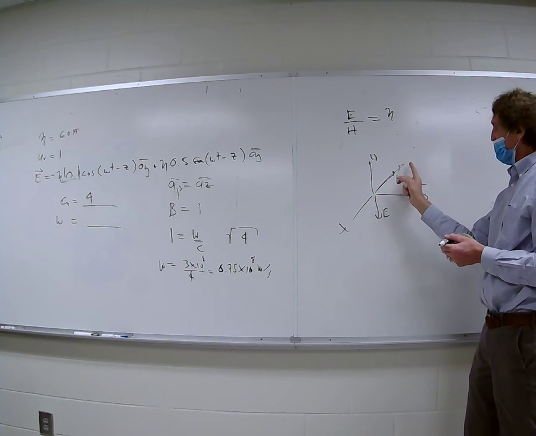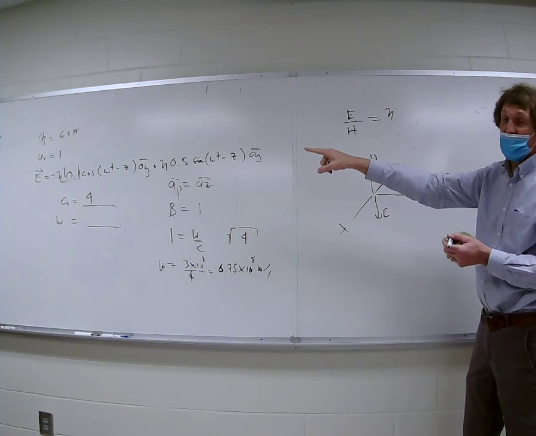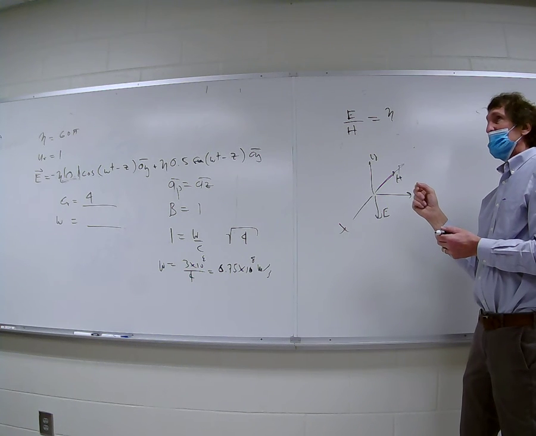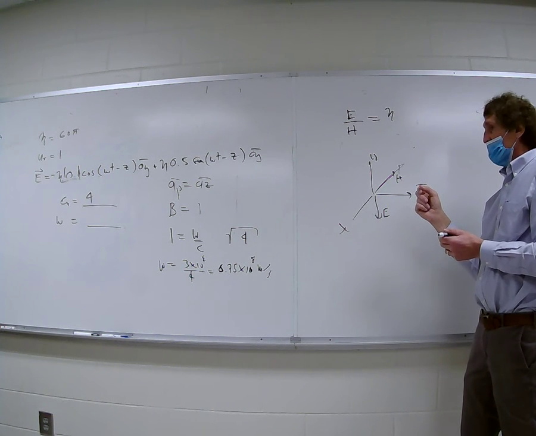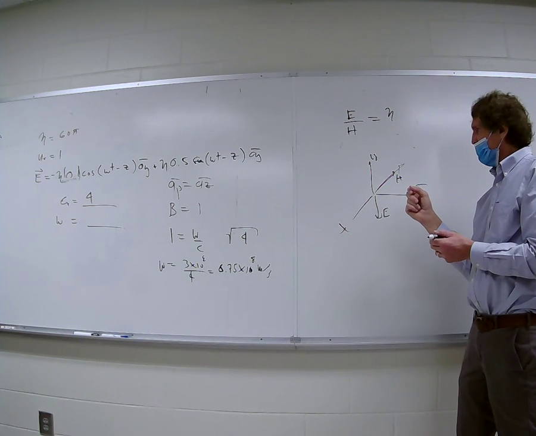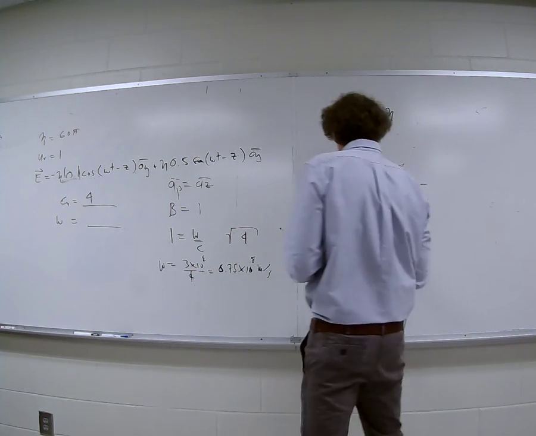The H field was that minus or plus? It's plus, I'm sorry. H field's plus. So if the H field's plus, if we have, you know what? I drew this wrong.